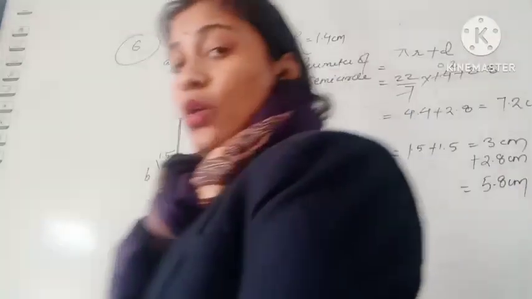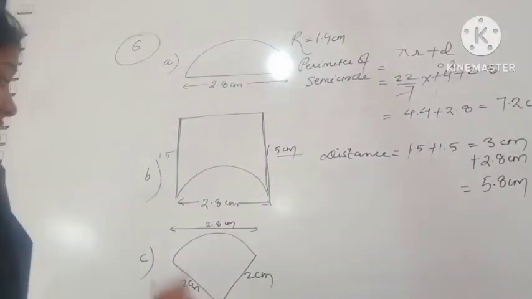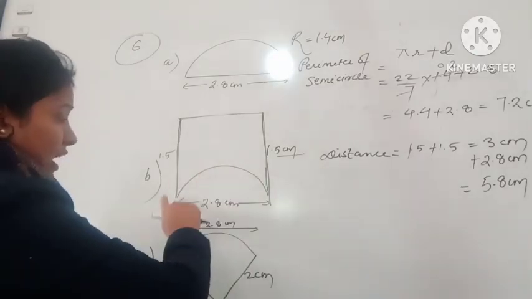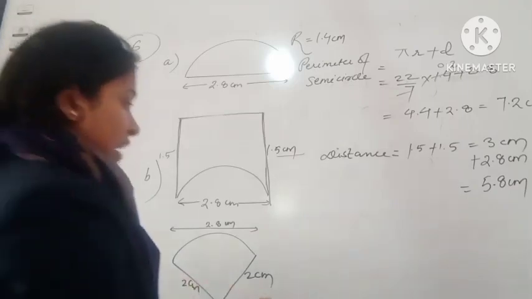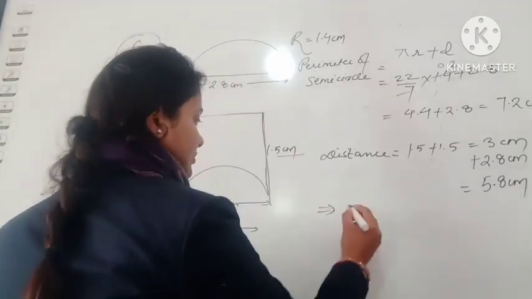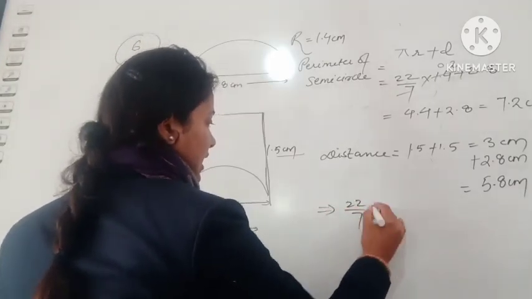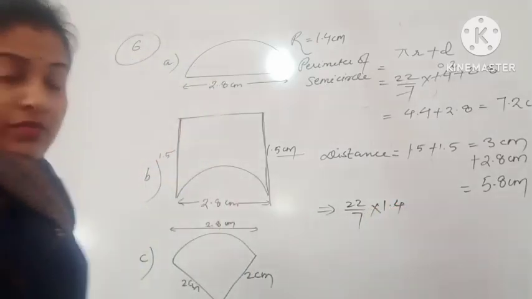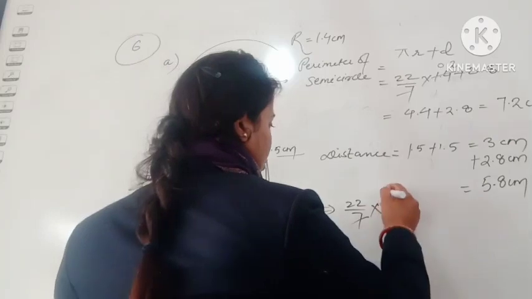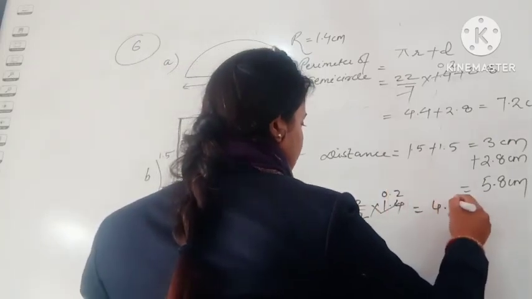Now let us calculate the curved part. The ant has travelled the curved part, and that is equal to pi r. Again here, the radius will be 1.4, so that will give you 4.4.